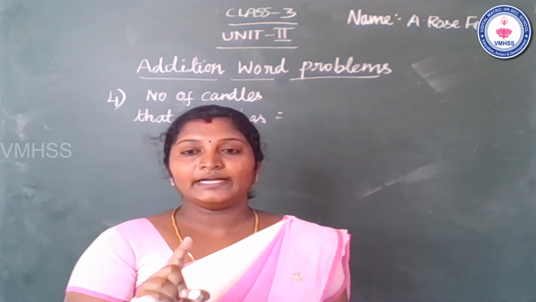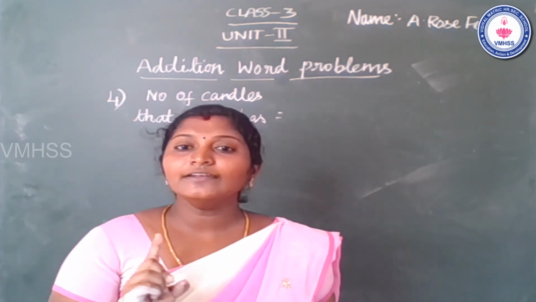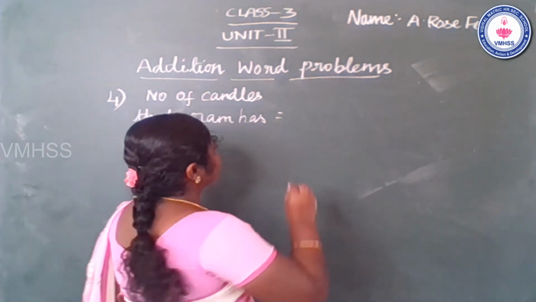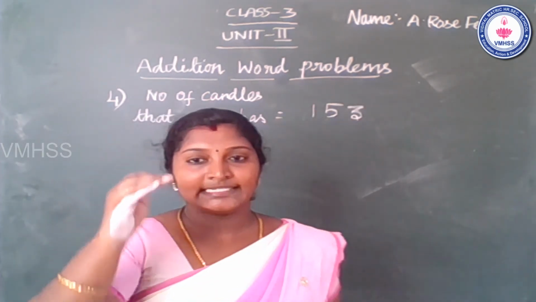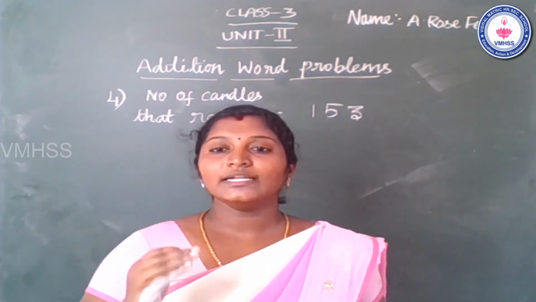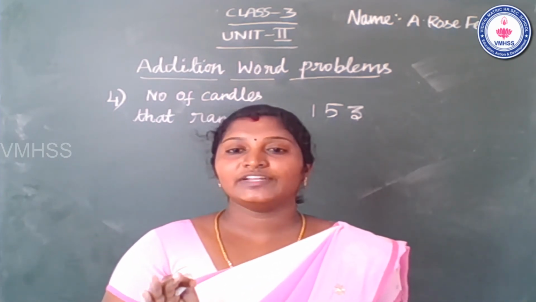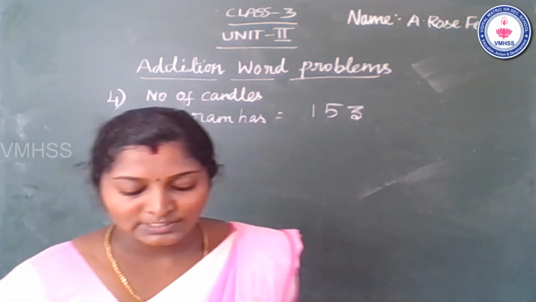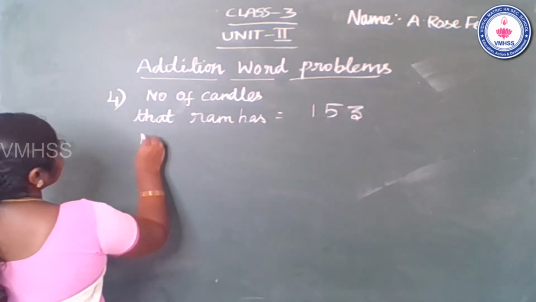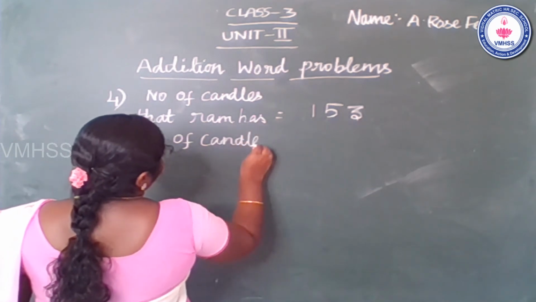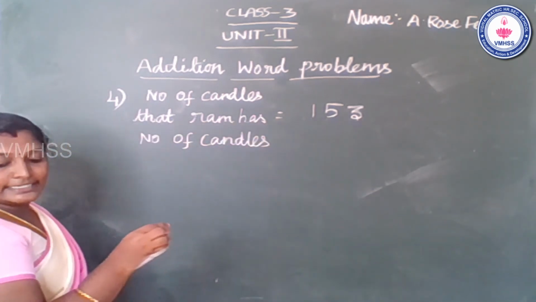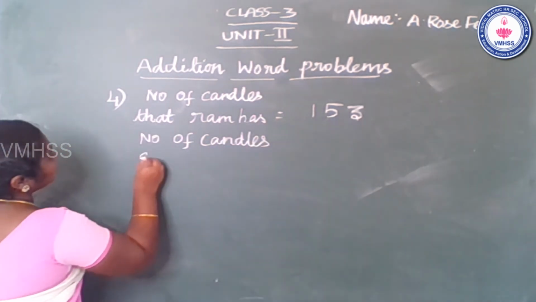A shopkeeper, Ram, had 153 candles. So 153. Read the second line. Parth gave him 256 more candles. So, number of candles given by Parth.